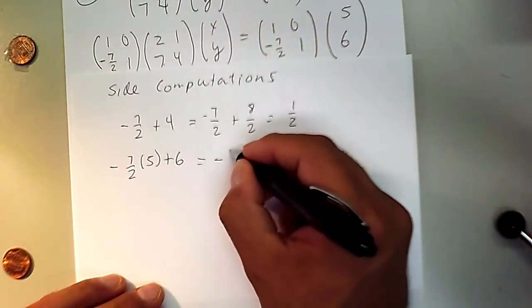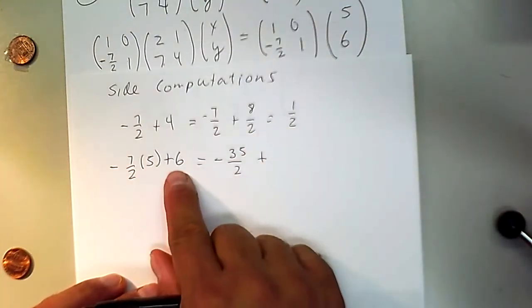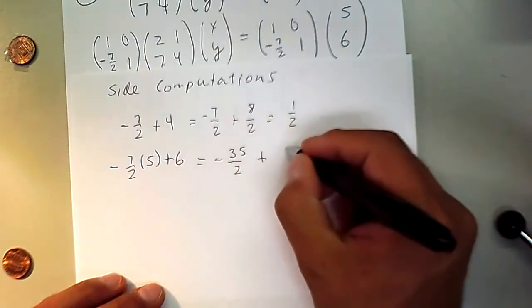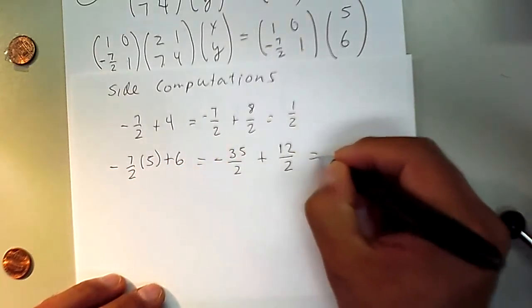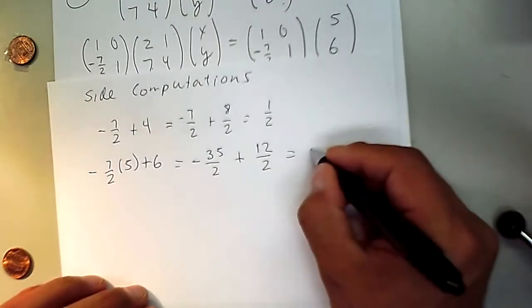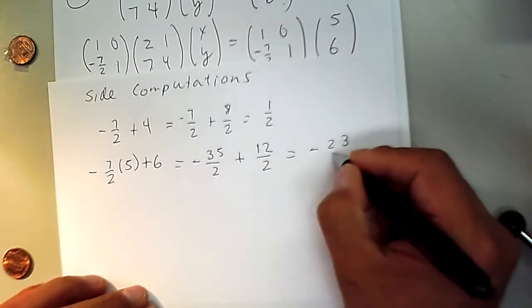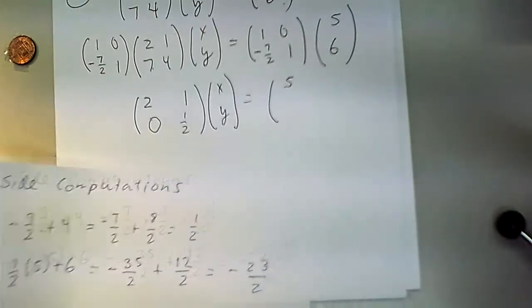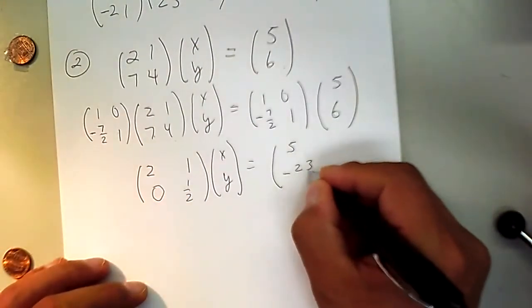Well, that is negative 35 over 2 plus 6. But the 6 can be written as positive 12 halves. And that is negative 23 over 2.